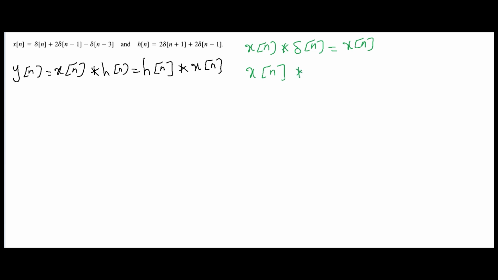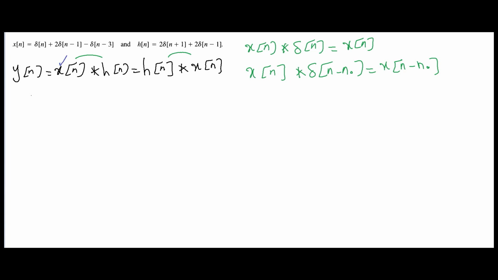The second property states that the convolution of any signal with a shifted unit impulse produces the same signal shifted by the same amount. Using these properties, we can simplify the calculation significantly.